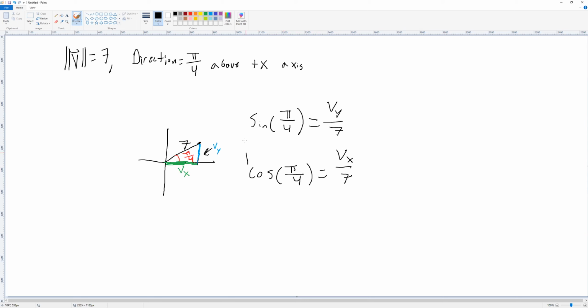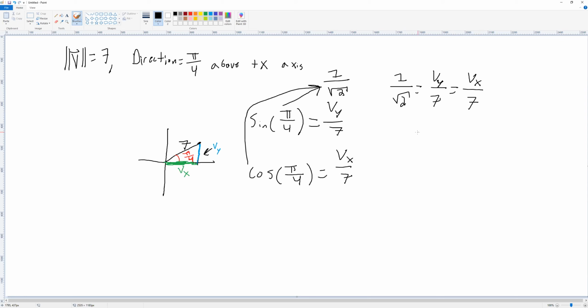These two, you should remember from basic trig, are equal to 1 over root 2. So we have 1 over root 2 equals Vy over 7, which equals Vx over 7.